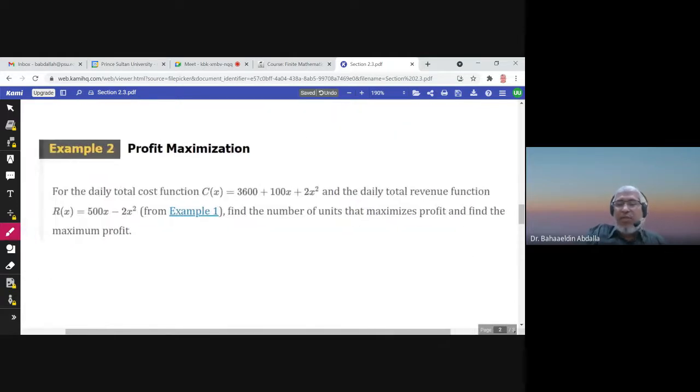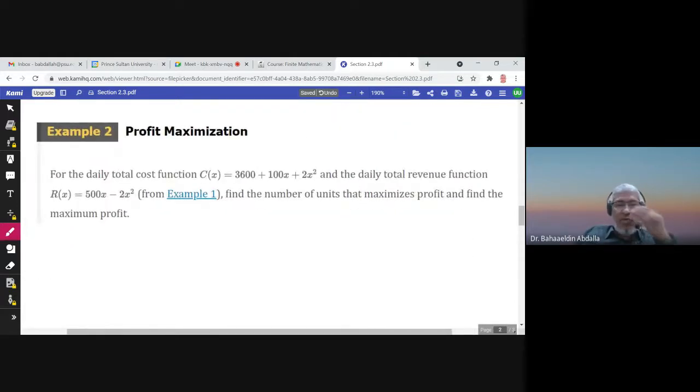The second point in this section is how to maximize the profit or the revenue. Well, when we talk about a quadratic function, we know that if a is less than 0 in the quadratic function, then the parabola opens downwards.